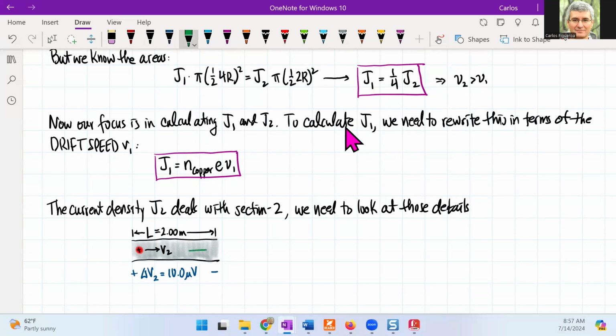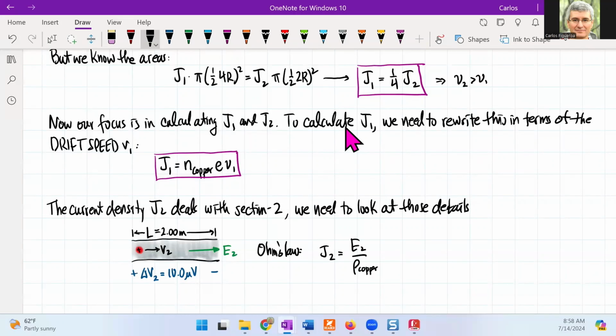So that means I have the ability to calculate the electric field in this situation. As a consequence, we could use Ohm's law to calculate this. Ohm's law, in microscopic form, says that the current density has to be the electric field divided by the resistivity of copper.